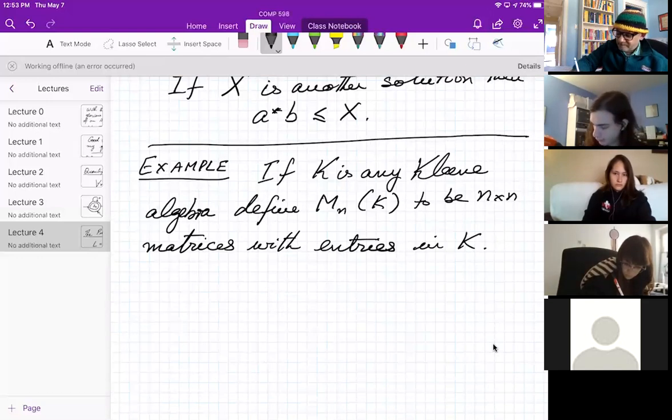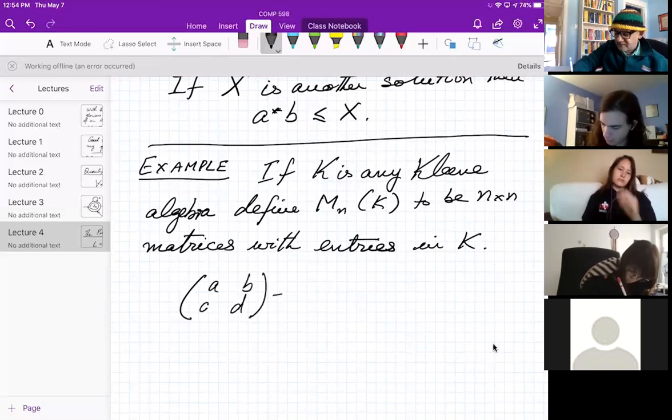So let's look at 2 by 2 matrices, just to illustrate, but it works equally well for n by n.